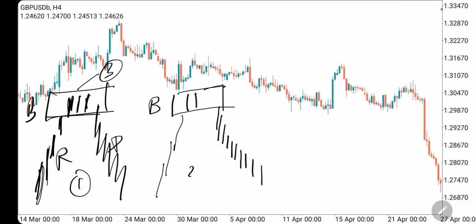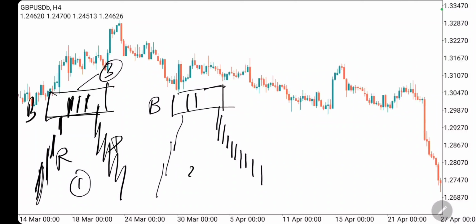This is one. The second scenario is whereby you have price forming a rally base drop supply zone. But here there are few candles, like 3 or 2 candles at the base before the market drops. So this is a rally base drop supply zone. This is scenario number 2.